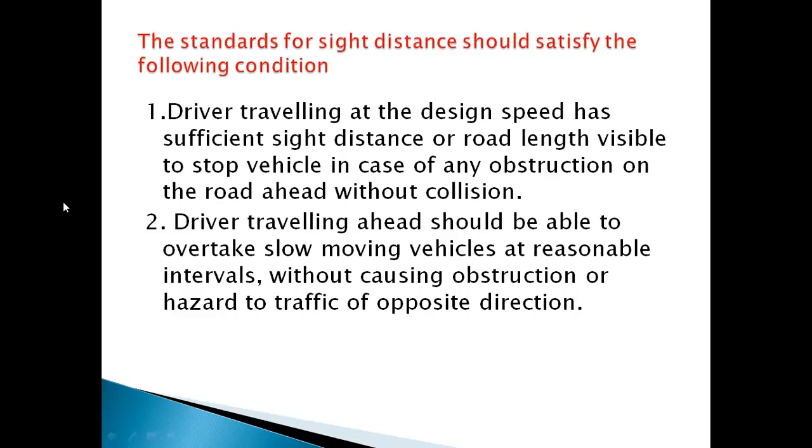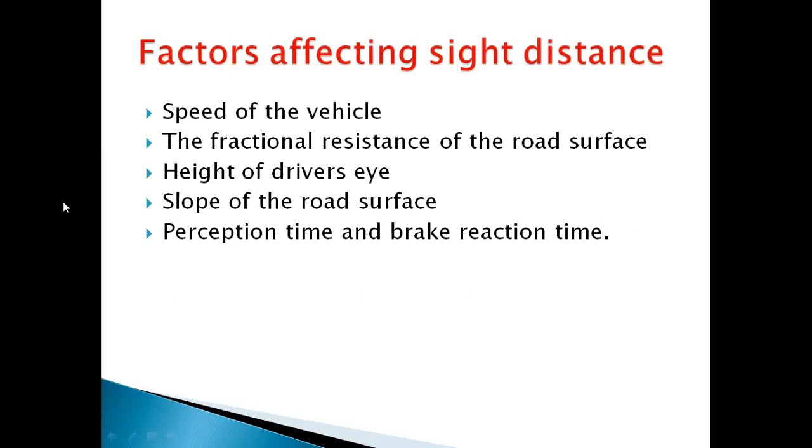Hope you all get these three conditions. Then the next point is factors affecting sight distance. There are five factors which can affect sight distance. First is the speed of the vehicle, second is the frictional resistance of the road surface, third is the height of the driver's eye, fourth is the slope of the road surface, and fifth is perception time and brake reaction time.